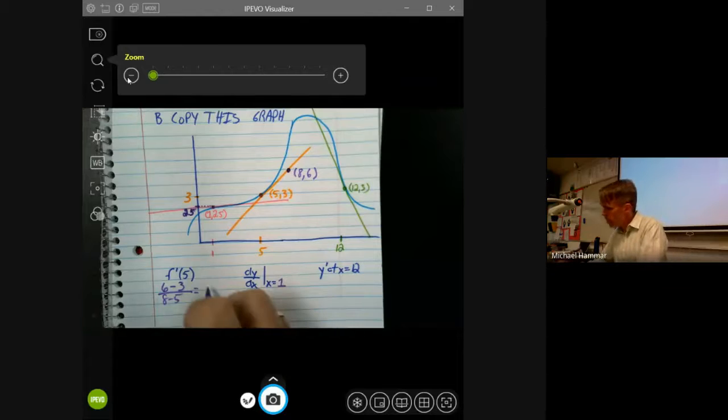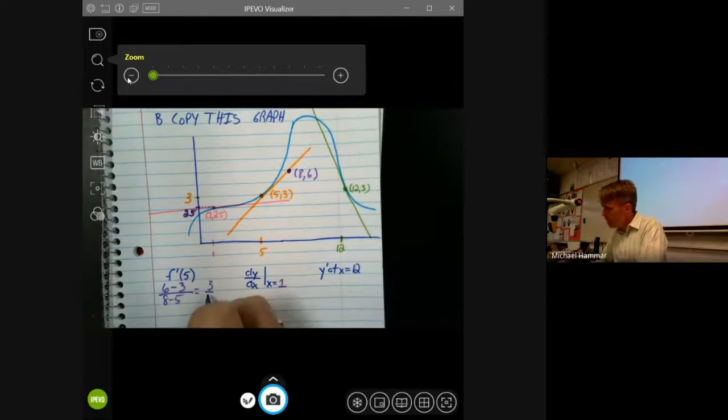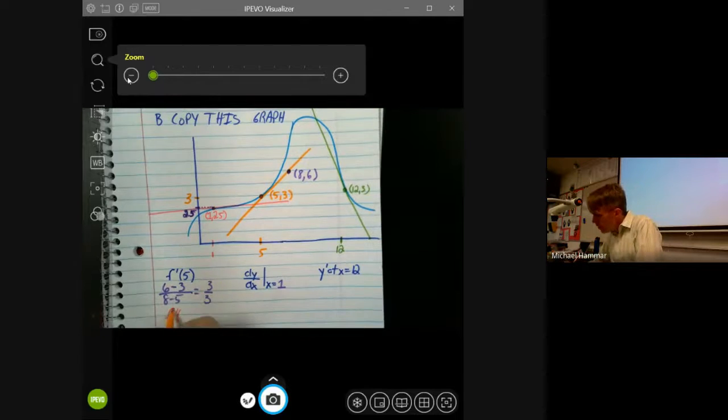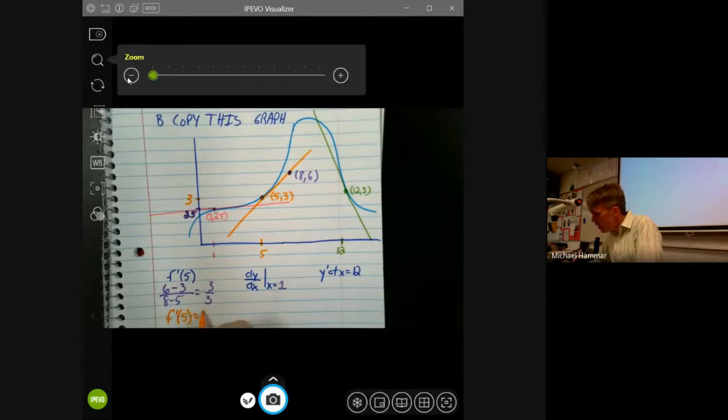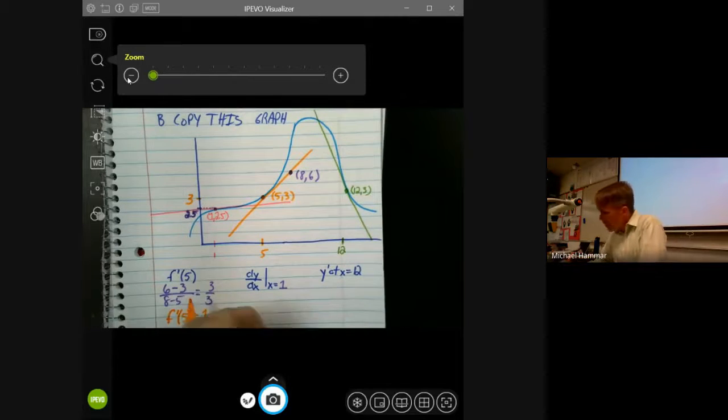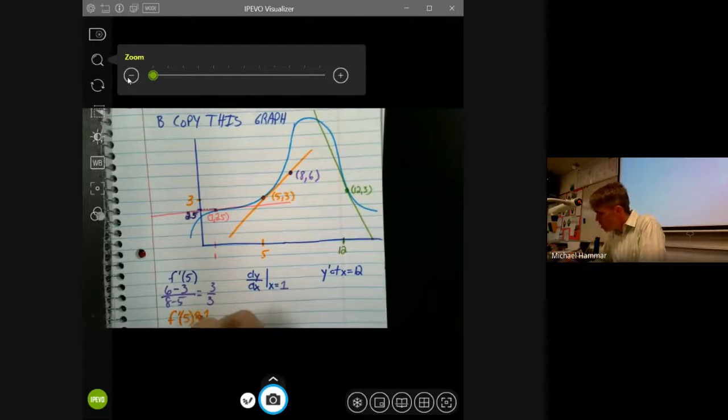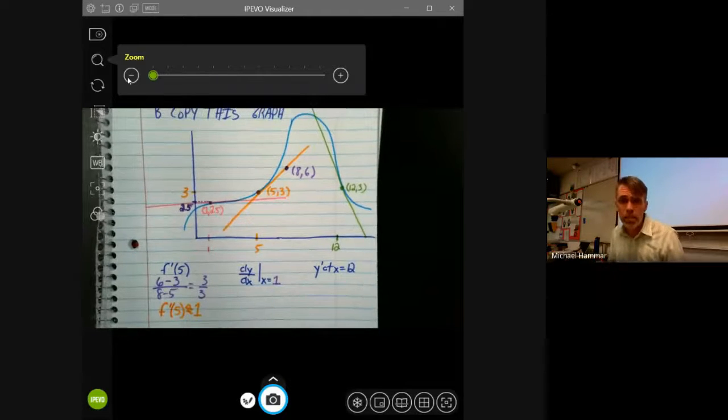So 6 minus 3 is 3, 8 minus 5 is 3, so the value of f prime at 5, the derivative at 5, is about 1. And notice, I should use the little wavy equal signs, because it is an estimate. So it is about 1.